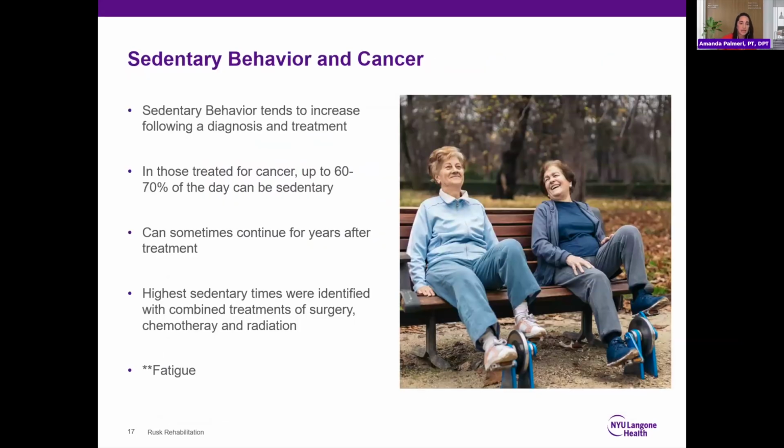And so what I'd like to highlight is that during the cancer journey, either after diagnosis or during treatment, sometimes we can see an increase in sedentary behavior, and that might be for several reasons, right? We're undergoing treatments that can increase fatigue. There has been surgical intervention that requires that we are less active during that period of time. Maybe there's not a lot of guidance after, and that's where rehabilitation comes in.